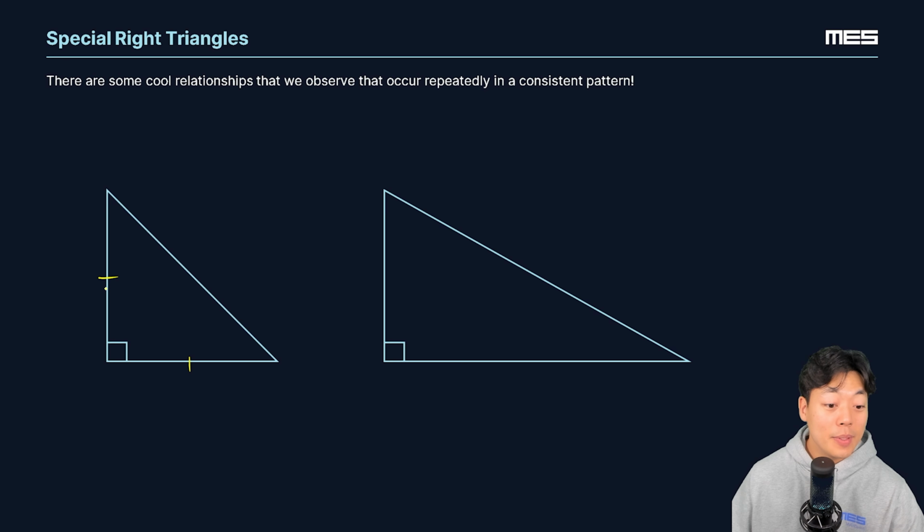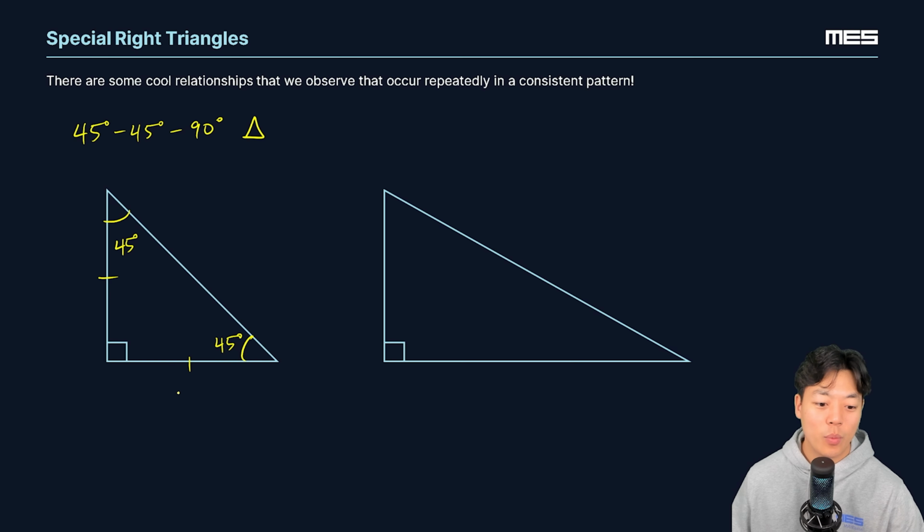When the right triangle is isosceles and the legs are congruent, that means the opposing angles are also congruent. This is what we will call our 45-45-90 triangle. And when we have something like this, we have some box here, then this is also going to be box. We can multiply whatever's in that box by radical 2 to get to the hypotenuse.